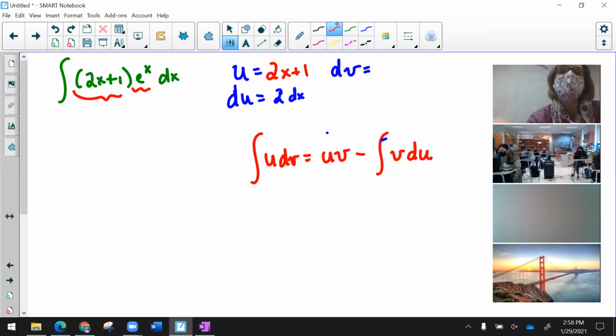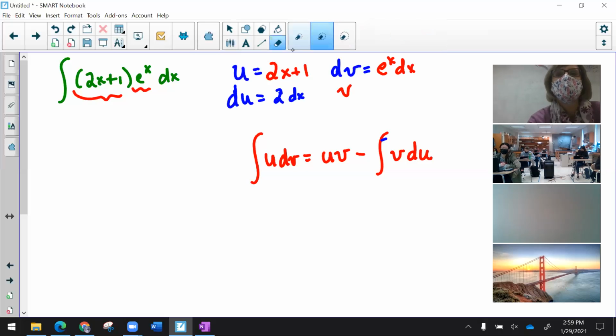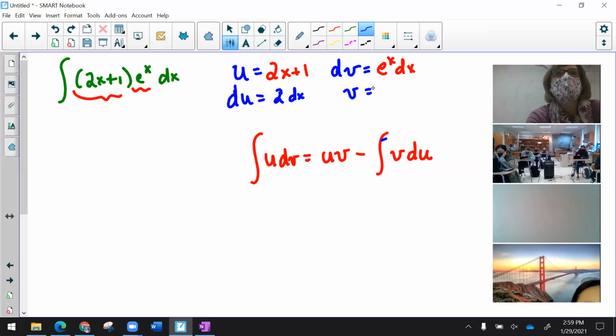And that means that whatever's left, in this case e to the x dx, is going to be my dv. And now I need to take the antiderivative of that. What's the antiderivative of e to the x dx? E to the x. Usually a good choice for u is something that you're going to simplify. So something like a polynomial is a good choice.